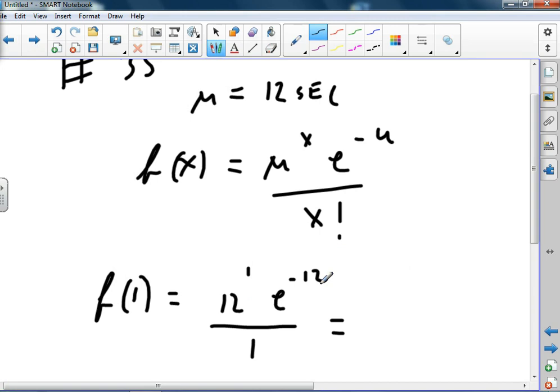That's still going to be awfully small. I'm still getting something too small, 0.00007. No, that's not it, because it's wrong.